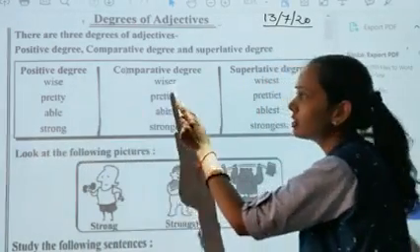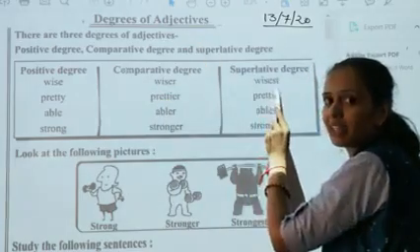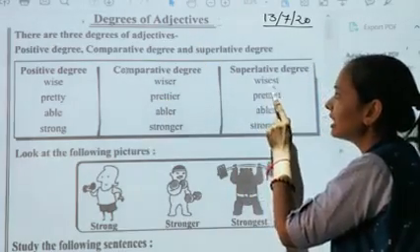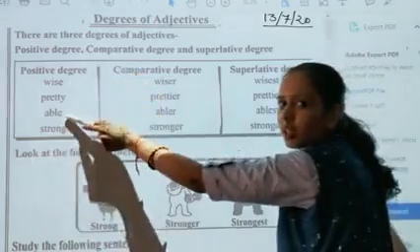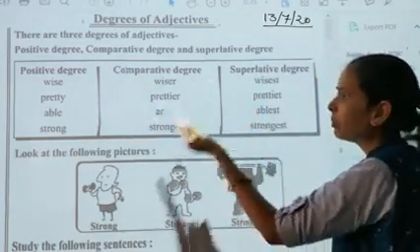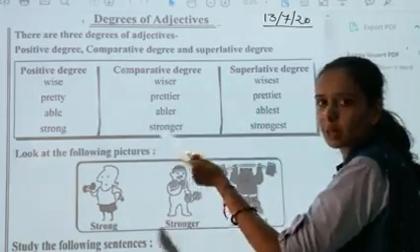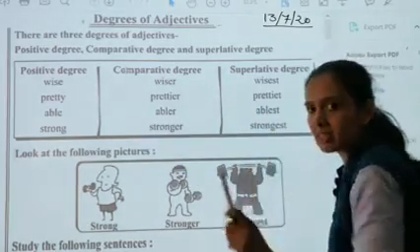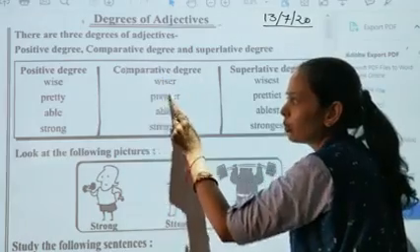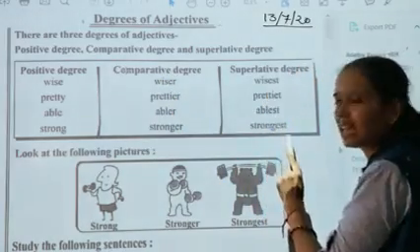But after coming to superlative degree, we use EST with the root word. Means wise becomes wisest, pretty becomes prettiest, able becomes ablest, strong becomes strongest. Means in comparative degree you have to use ER. In superlative degree you have to use EST.